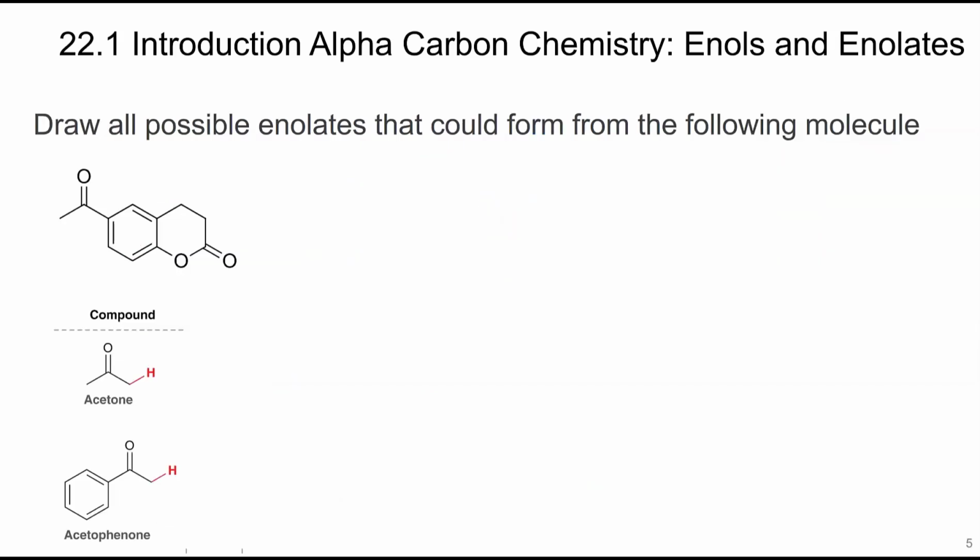So we want to draw all possible enolates that could form from the following molecules. The first structure here has a carbonyl next to a set of rings. We have the CH3 group over here. There are no alpha protons here, so we don't have to worry about taking any of those. This is the only one that can be picked up. We're drawing the enolate, which means it has to have a negative charge.